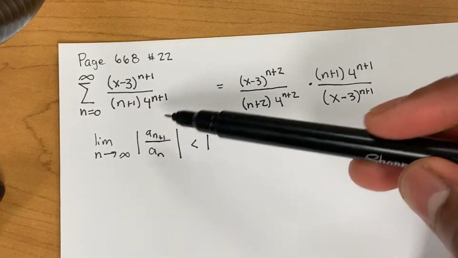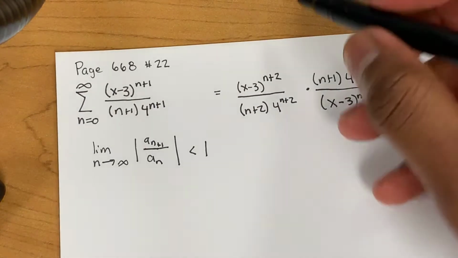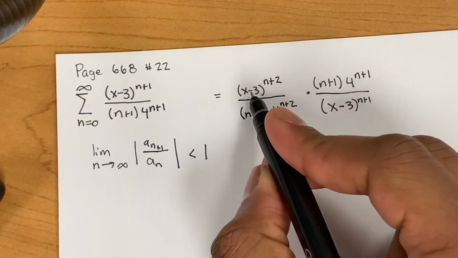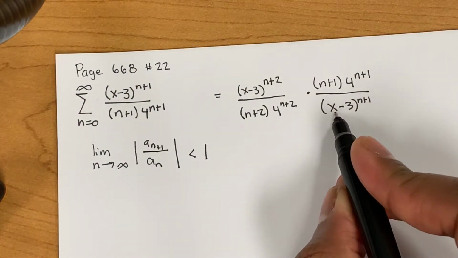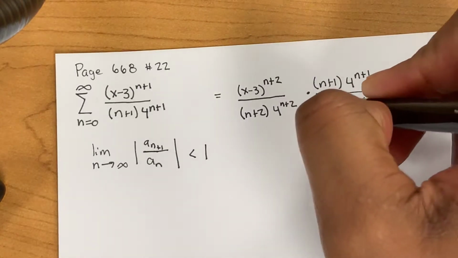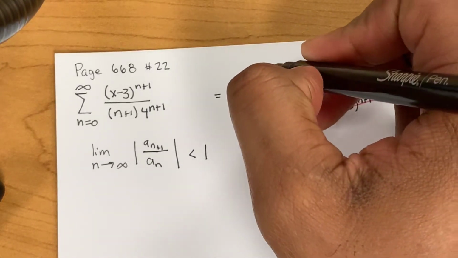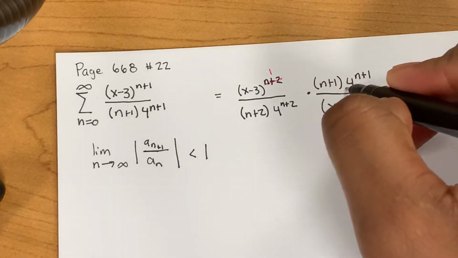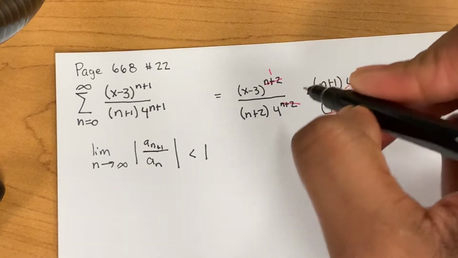We don't need the absolute value, since we don't have anything negative really. The next thing we do is cancel out some stuff. So x minus 3 to the n plus 2 divided by x minus 3 to the n plus 1, all of these cancel and we're left with 1 here. For the 4 to the n plus 2, all of these cancel and we're left with just 4 to the first power.